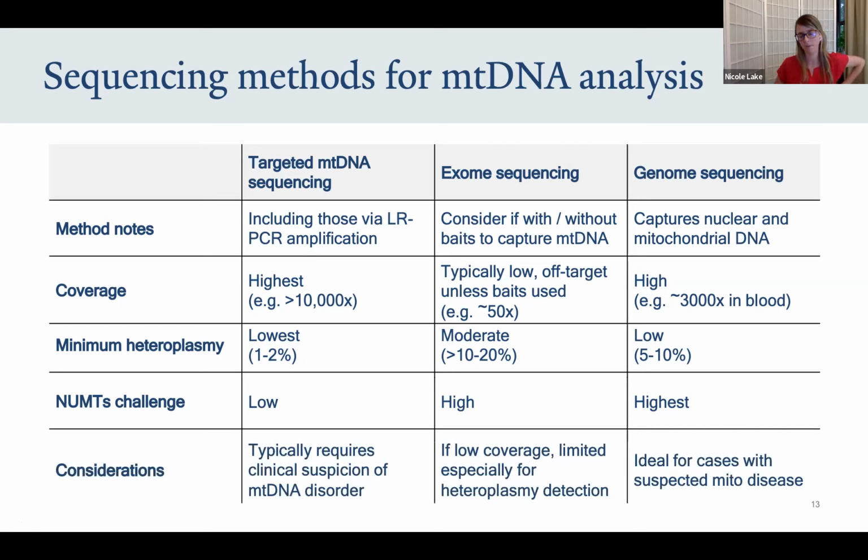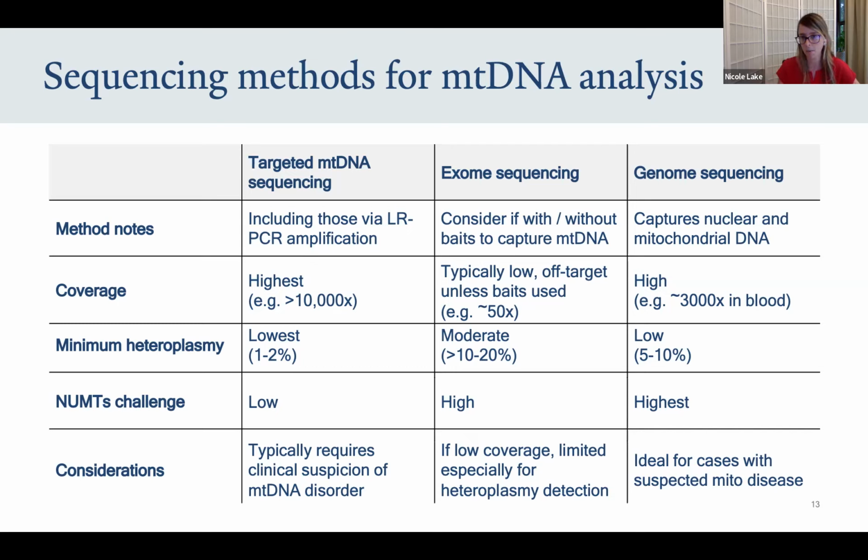So there are some other considerations with this. I won't go too much into depth for time, but I do want to acknowledge that often targeted sequencing of the mitochondria is a separate test. So from that perspective, it often requires clinical suspicion of a mitochondrial disorder to pursue. And mitochondrial disorders, because they're so clinically heterogeneous, can sometimes be hard to recognize.